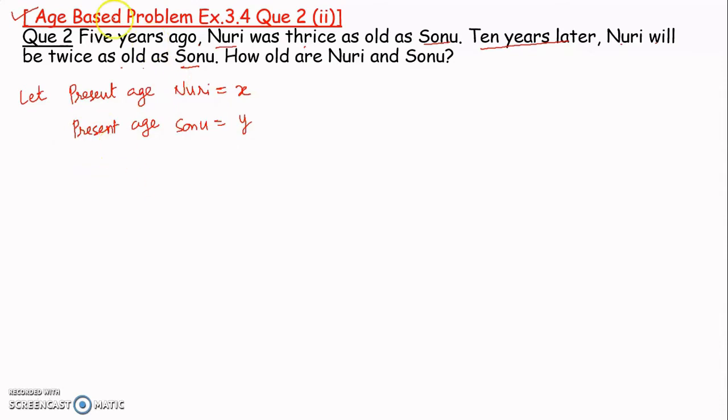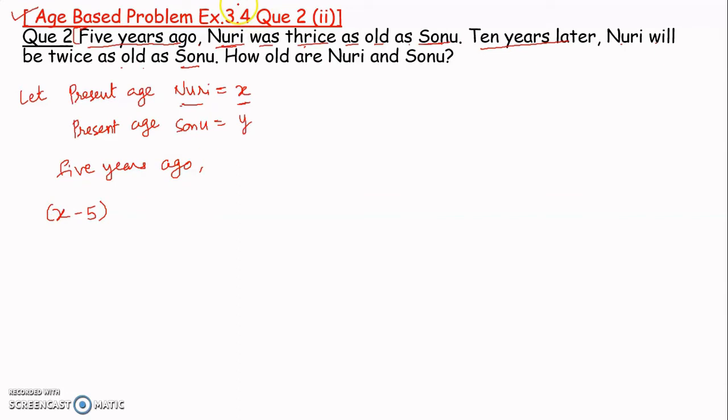Now take the first condition. 5 years ago, Noori was thrice as old as Sonu. So what will be the age of Noori 5 years ago? Present age is X. So before 5 years, Noori's age will be X minus 5.